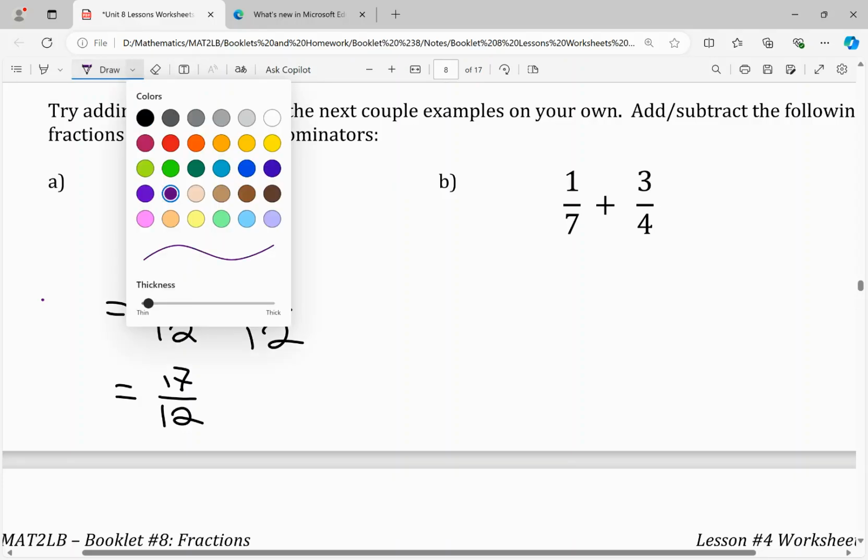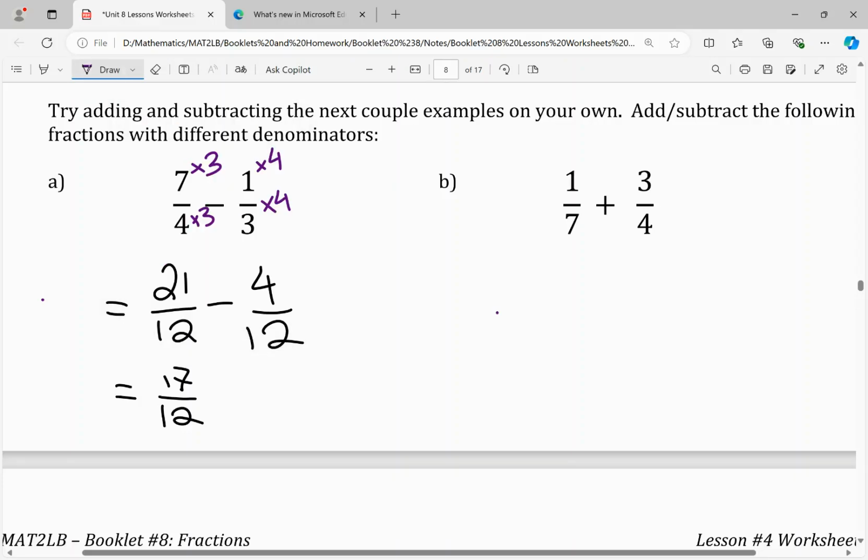In the second example, I'm going to multiply the first fraction by 4 because that's the second denominator, and I'm going to multiply the second fraction by 7.